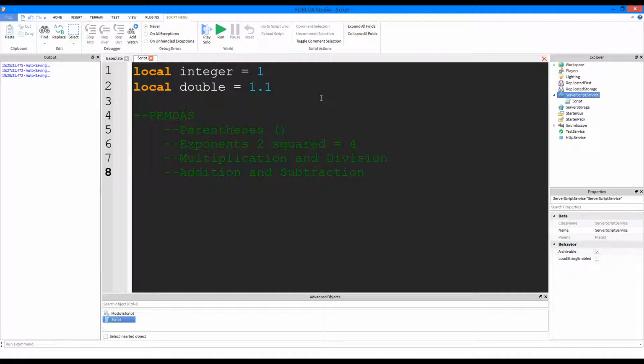In that order. Okay, so in PEMDAS, in order of operations for basic arithmetic, everything that's inside parentheses goes first. You've got to figure out the parentheses in order. So if there's a set of parentheses and then you add or multiply that by 2, you get the value of what's in the parentheses first as if it were its own equation, and then you multiply the answer to that equation by 2. So I'm going to demonstrate that.